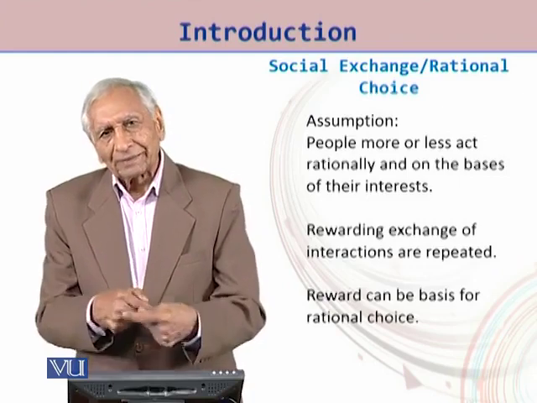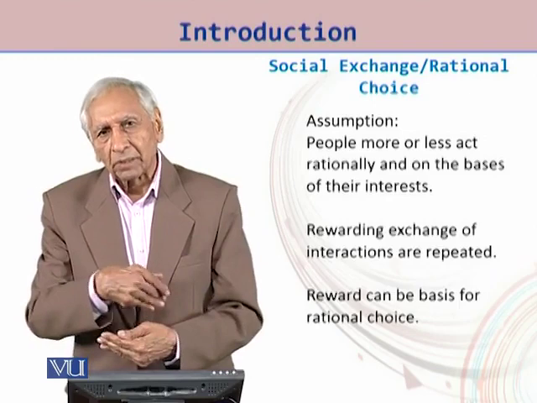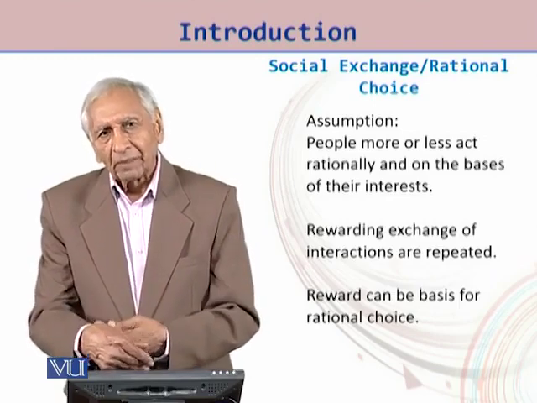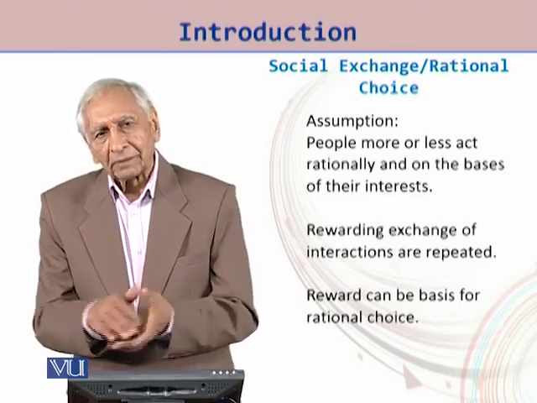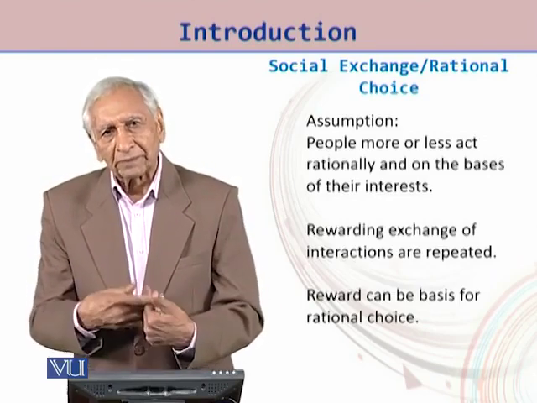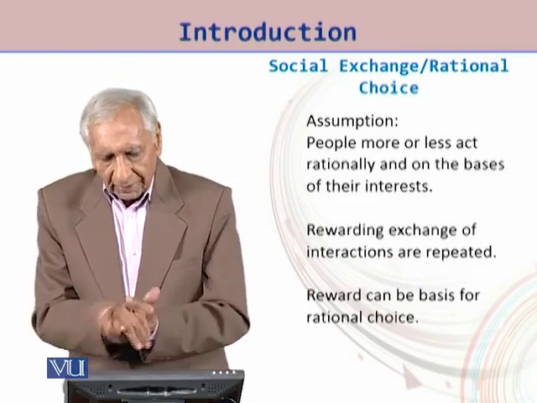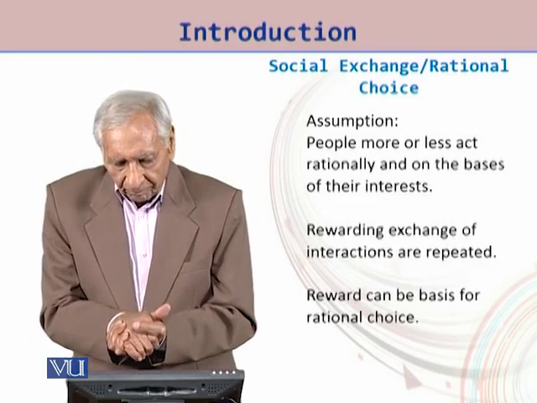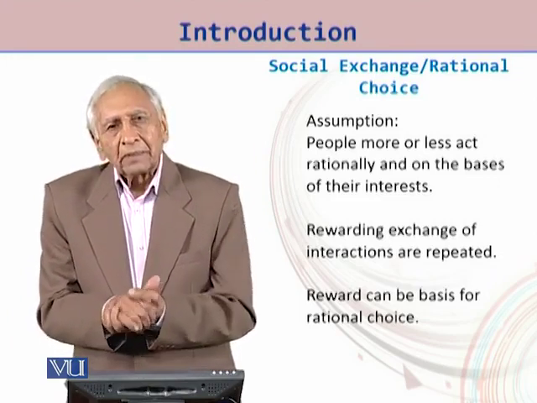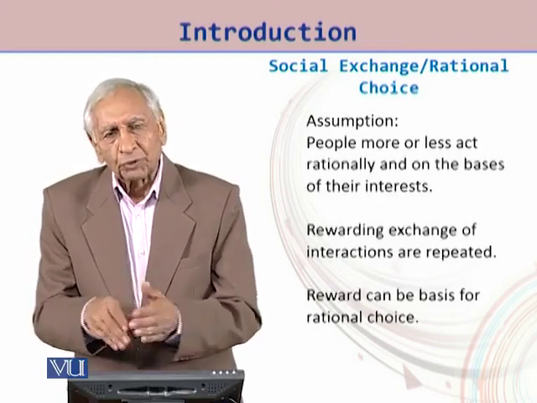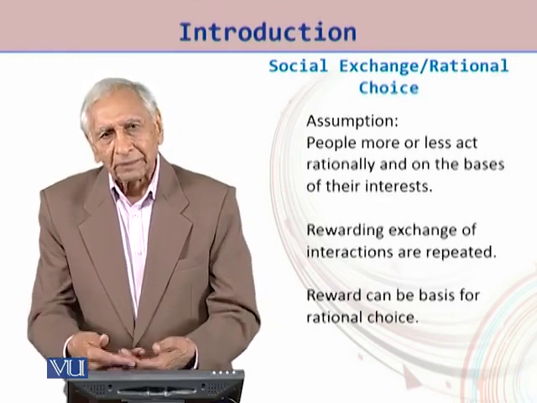So we see that if the interaction is rewarding, then it continues to be repeated. If it is not rewarding, then perhaps the repetition of that interaction is not possible. So rewarding exchanges of interactions are repeated, and these are repeated because these are based on the achievement of the goal. Achievement is a reward.